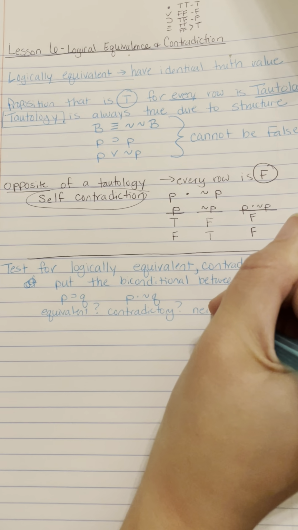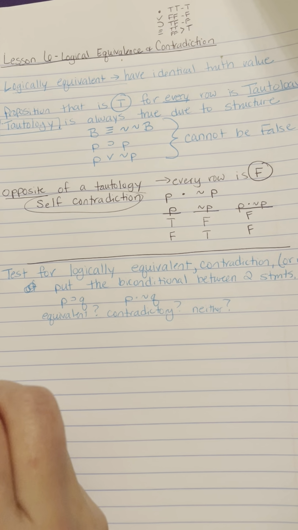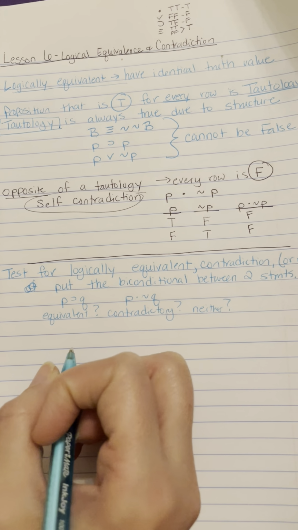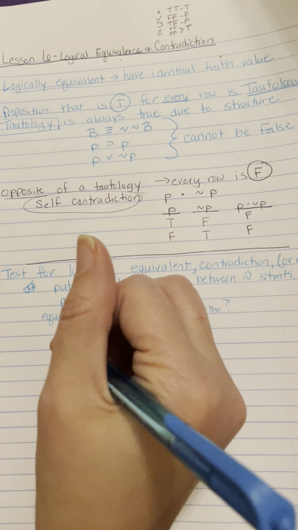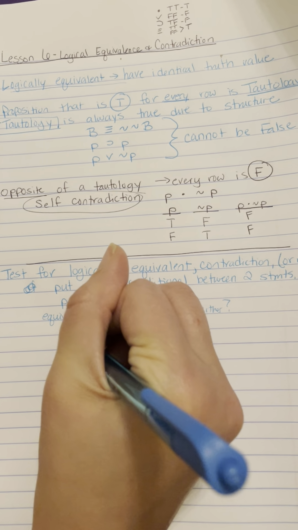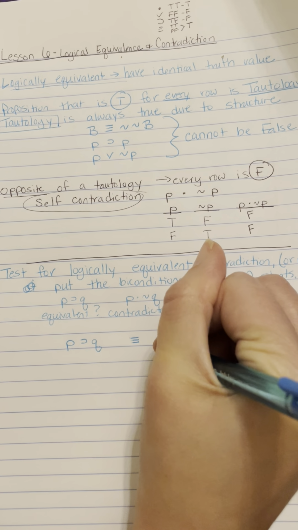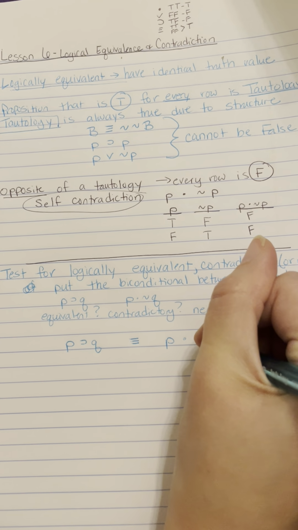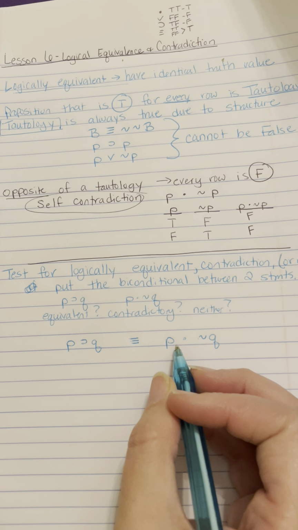Or neither? Okay, so what we're going to do is set this up like this. If P then Q, if and only if P and not Q. And I'm giving myself a lot of room here.